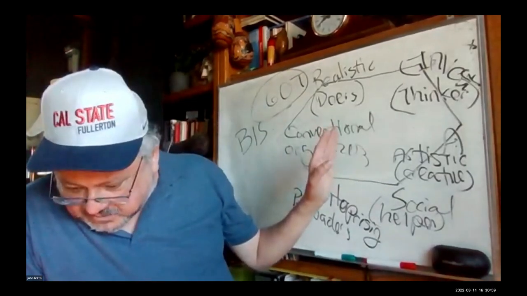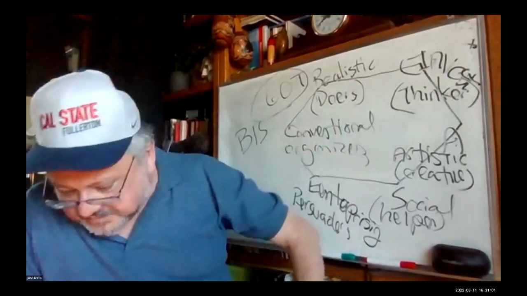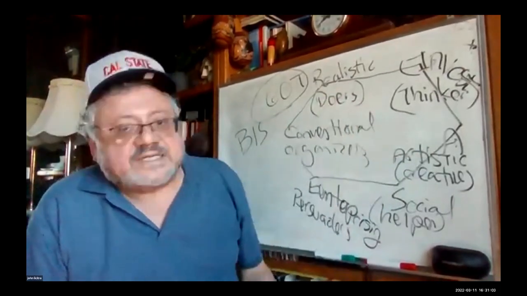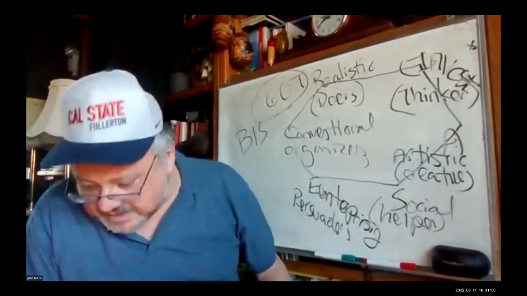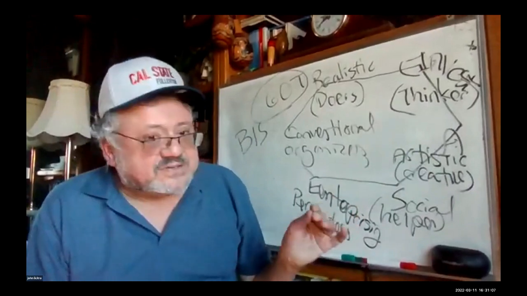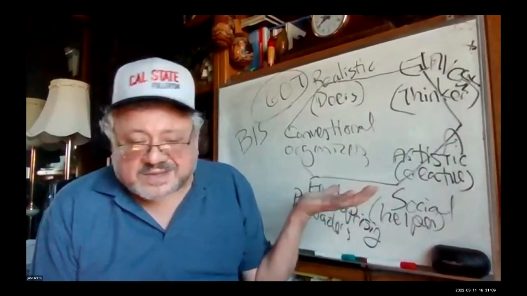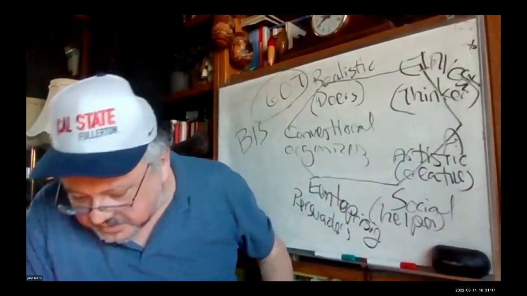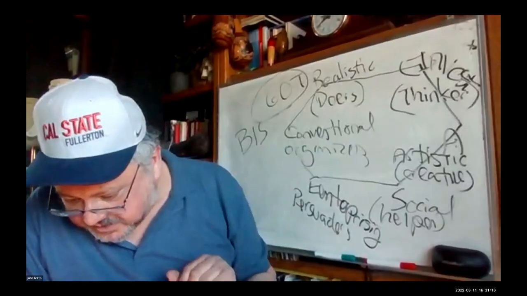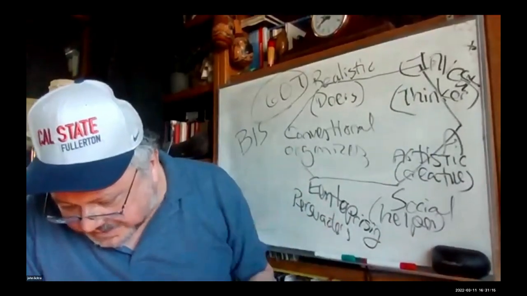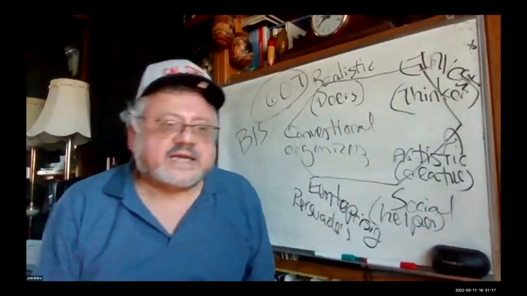Let's take another example, artistic. Under the artistic general occupational theme, the basic interest scales that measure and support that theme, that corner, would be culinary arts, performing arts, writing and mass communication, visual arts and design, and on and on.